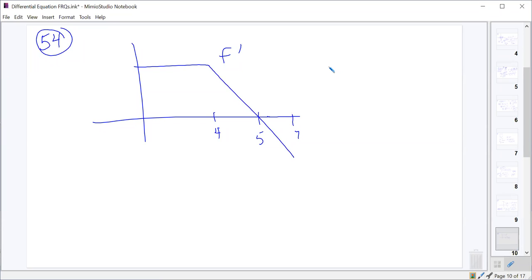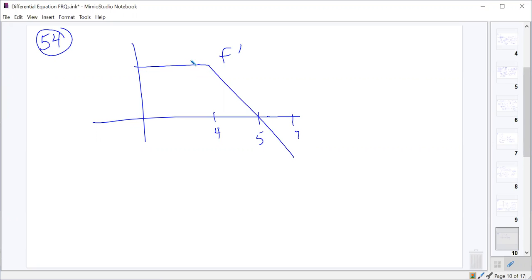Choice B says f is decreasing for 4 to 7. So if f is decreasing, that means f prime would be negative from 4 to 7. Well, f prime is not negative from 4 to 7. F prime is positive from 4 to 5, and then negative from 5 to 7. So that doesn't make any sense. C says f is constant for 0 to 4. Well, that's also not true, right?